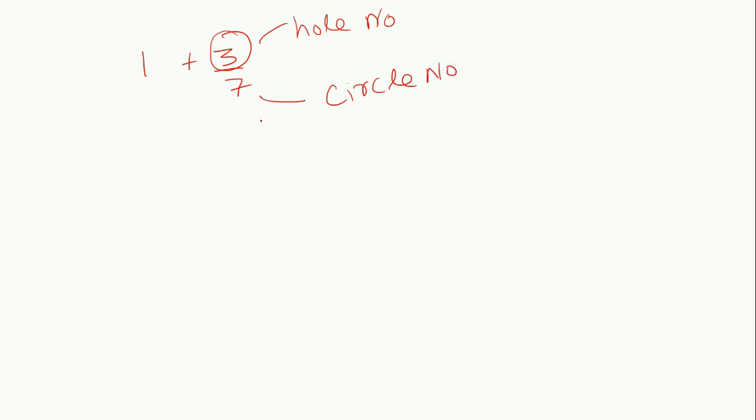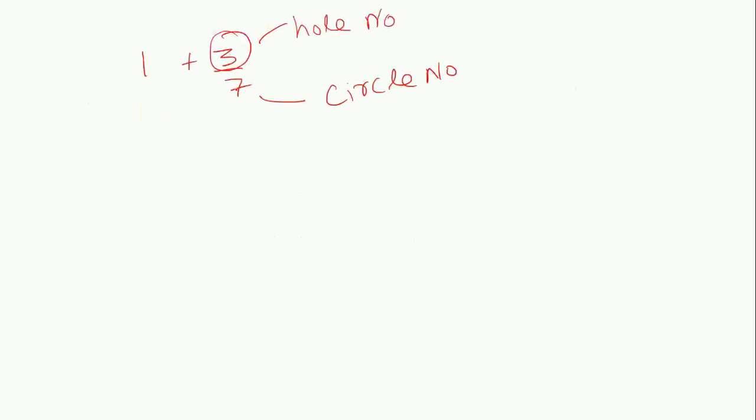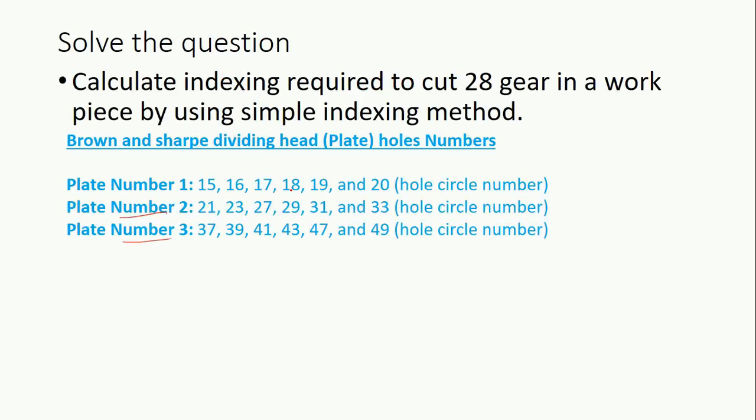Here we can observe the Brown and Sharpe dividing head plate number is given, but here no 3 or 7, means circle number 7 is not available. Here we can find that circle number 21 is available.